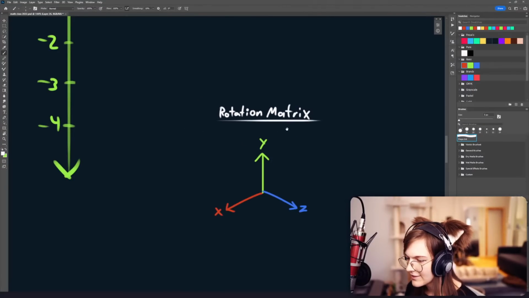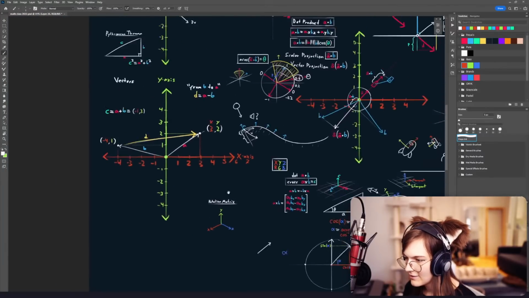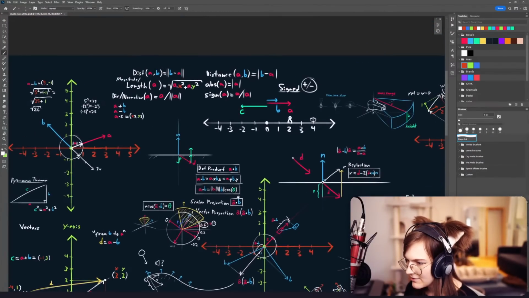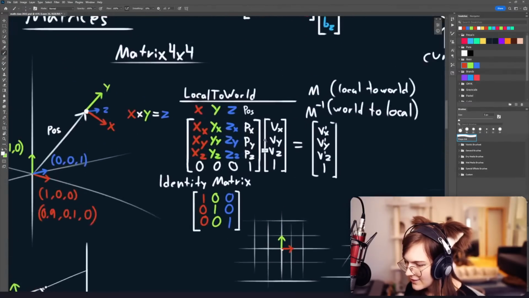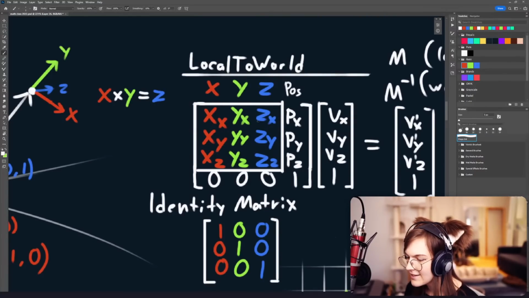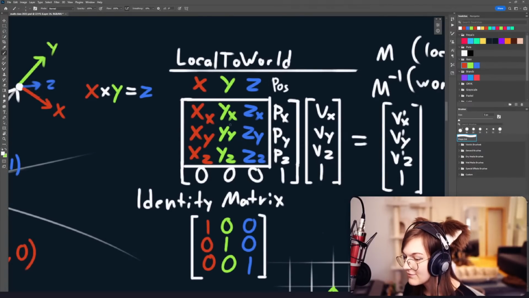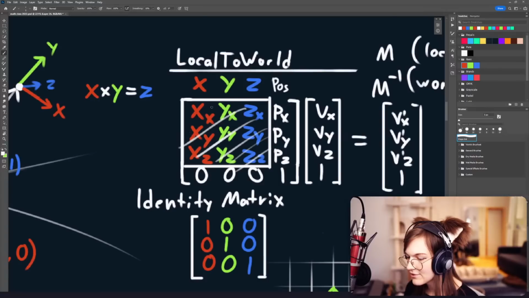The reason we can call it that is because we can store all of these in a 3x3 matrix, just like we do here. So this part right here is the rotation part of the matrix. Incidentally, we also store scale there, but if it's a pure rotation matrix, the vectors would not be scaled, right? And so this part stores all of the orientation information.